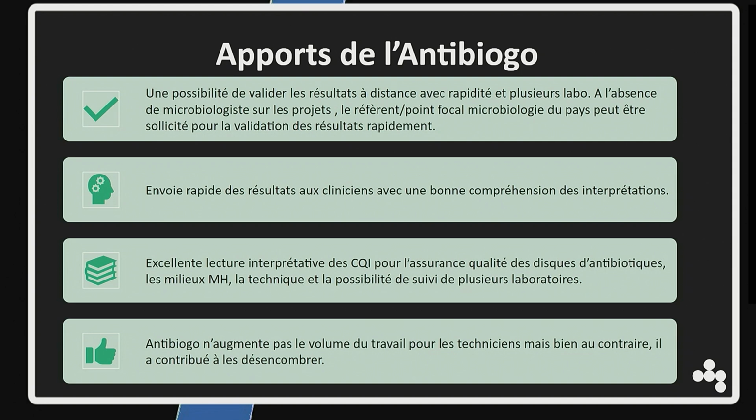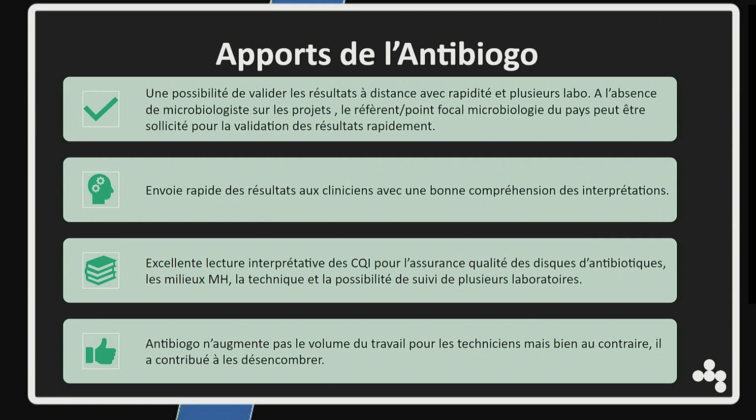So with Antibiogo, we can really validate the results remotely and quickly. That's so useful for the reference lab or the MOH. They can keep an eye on the results and give some help in interpreting the results.